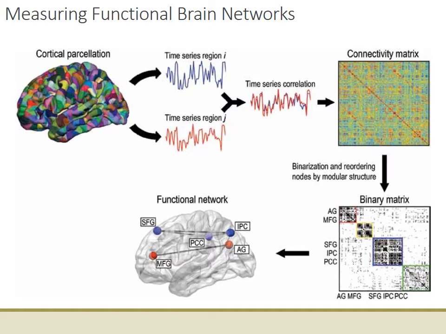And from that you can construct what's called a connectivity matrix, which is essentially a way of looking at all of the correlations between each pair of brain regions in your fMRI. So in this particular one in the upper left here, the red represents high connectivity or high correlations, and blue represents low correlations.